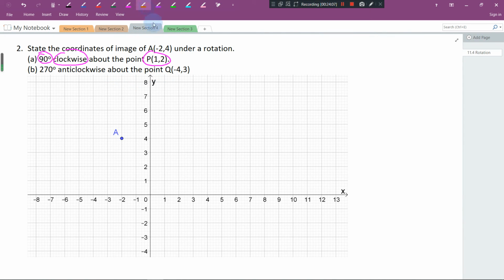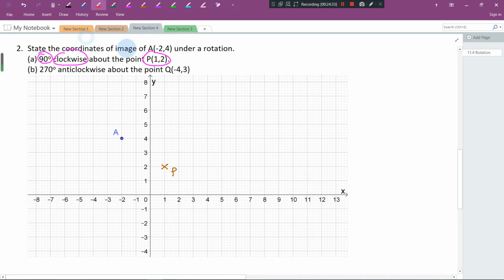So where's the center? 1, 2. 1, 2 is over here. Okay. Do a marking on the center. So this is 1, 2 over here. Point P. So this is the center of rotation for part A. We want to rotate this point A 90 degree clockwise about this point.